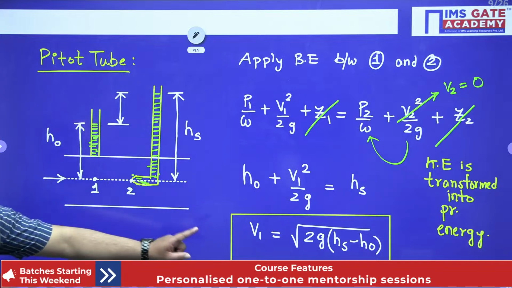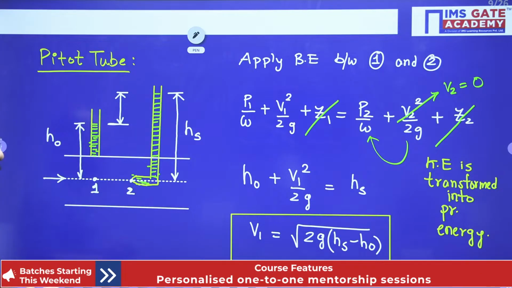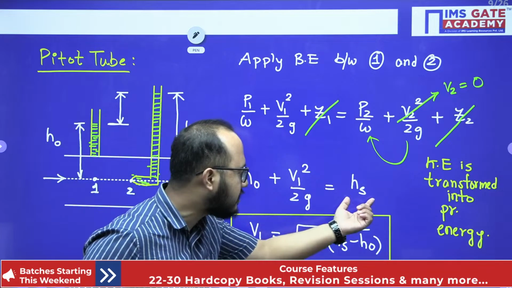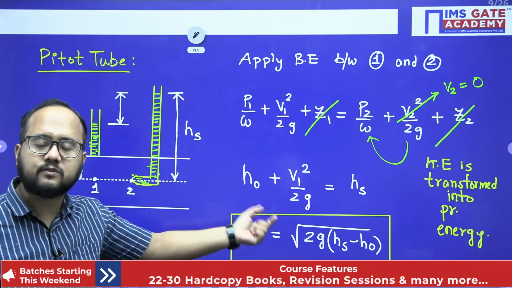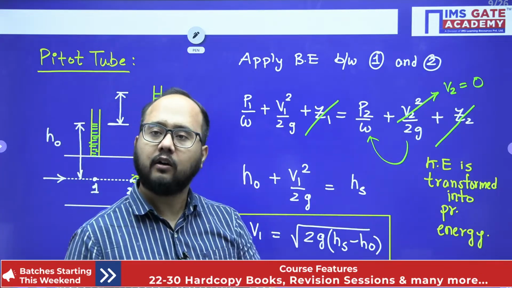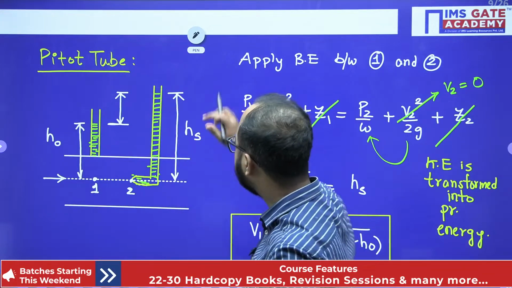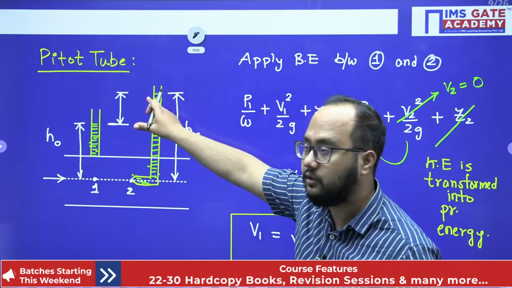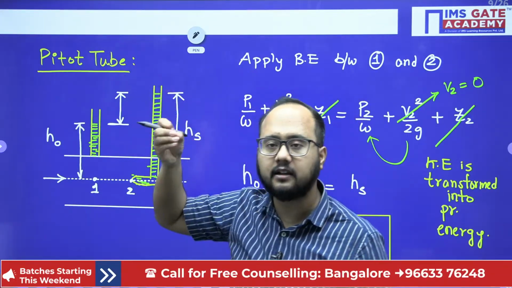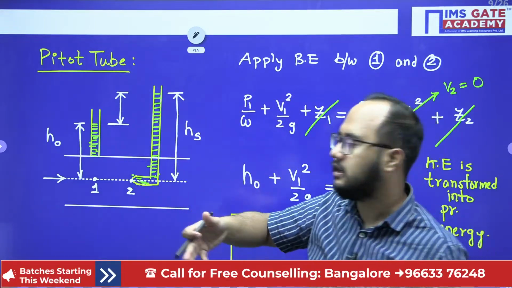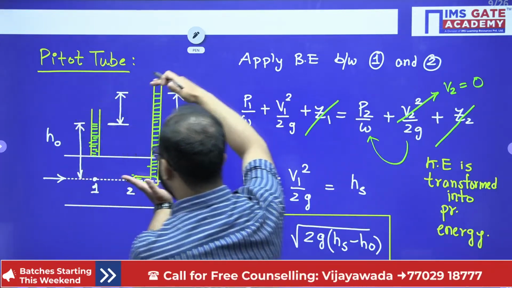Correct? Everyone, tell me. Now, one more point you should understand. The difference of the stagnation head and the static pressure head is the dynamic head, or the kinetic head. So this difference that earlier I was asking you about is the kinetic head or the dynamic head, because this is the static head here, and this is the stagnation head here.